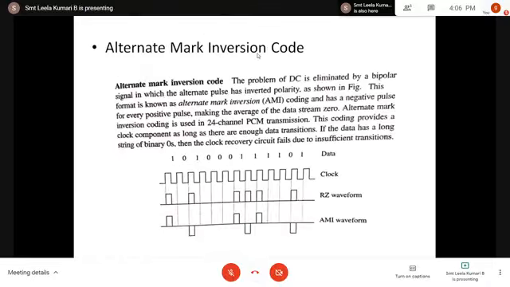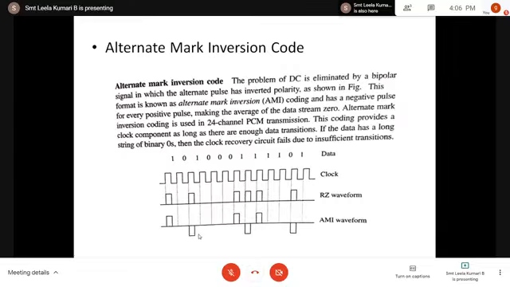And alternate mark inversion code. In this one, as we have seen, the 1 is represented by means of a positive pulse of half symbol wide, and when another 1 comes, it is represented by means of a negative pulse of half symbol wide.